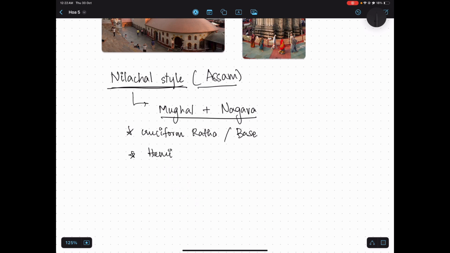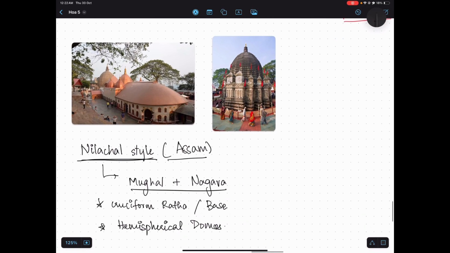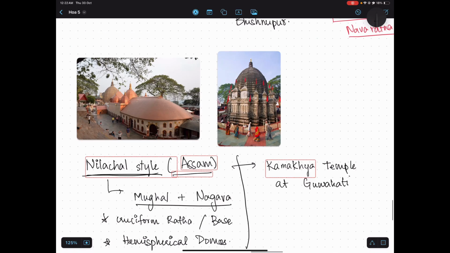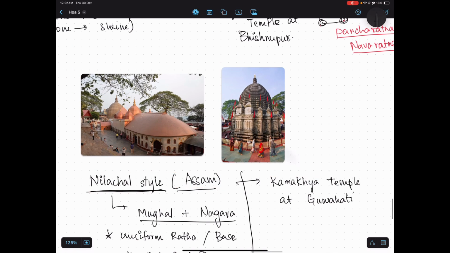So they have hemispherical domes. One example of this is the Kamakya temple, Kamakya temple at Guwahati. And here you can see these cruciform.